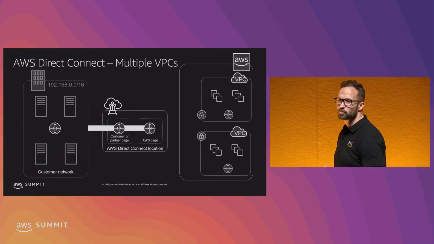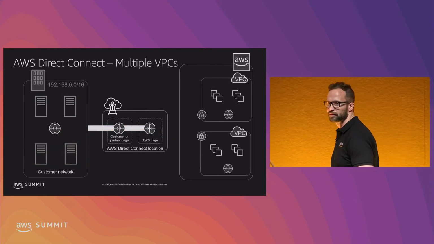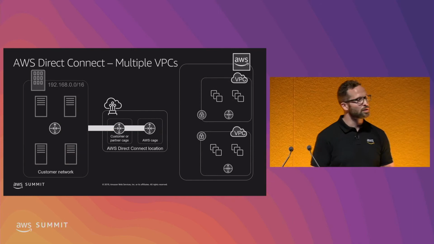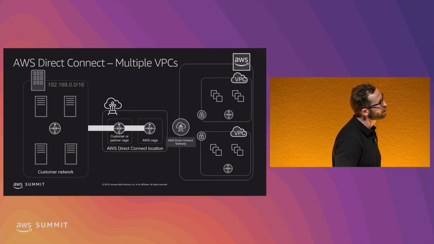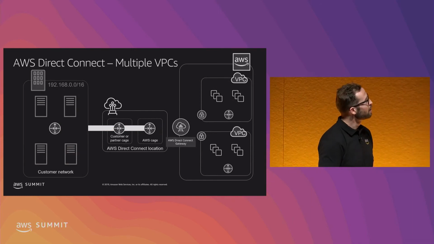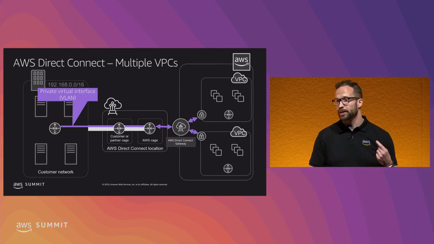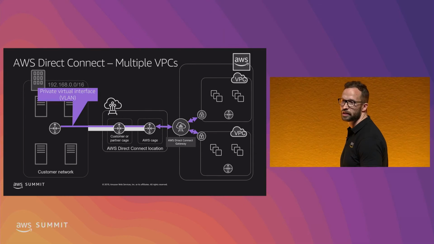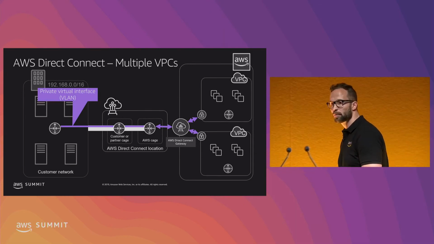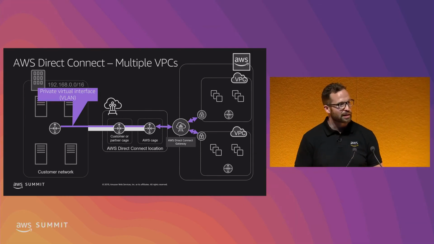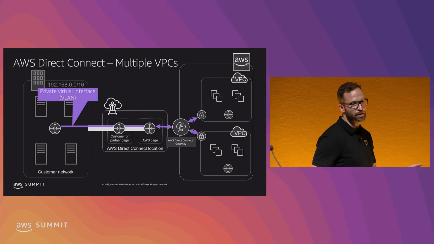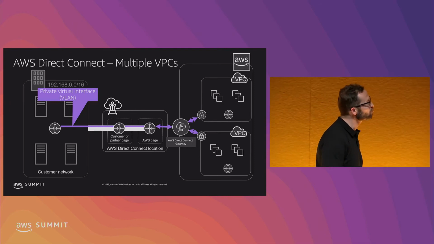Now, if you're connecting to more than just a single VPC, and you want to use a single logical connection, for that, you can use AWS Direct Connect Gateway. In that case, you would create a single logical virtual interface, terminate it on the Direct Connect Gateway, that then can connect to up to 10 VPCs that live in the same region or in different regions across the world, except for China.